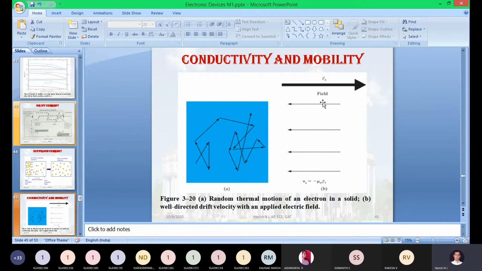So now I can calculate the current, and I can calculate the net momentum of the electron. Due to the electric field, I am accelerating the electrons to move in a particular direction so that I can calculate the electron momentum. This is case 1.